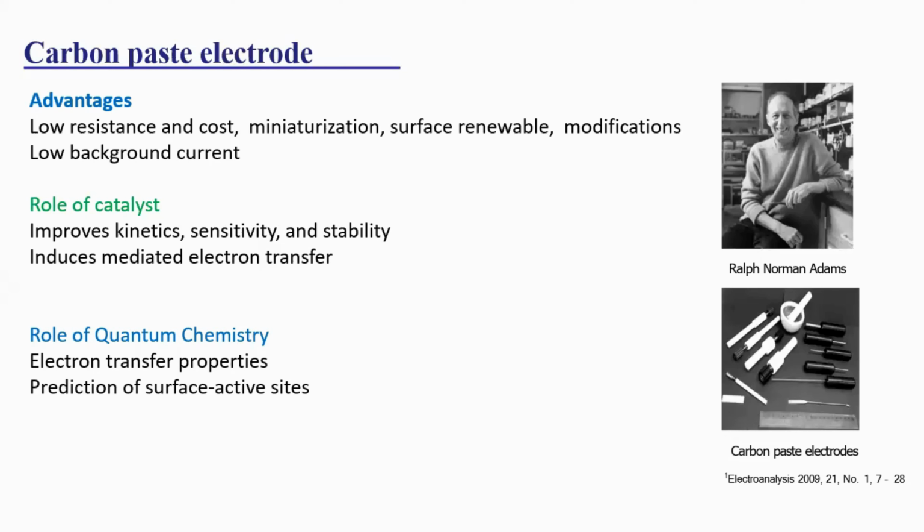So why is the carbon paste electrode very common? Because it has comparatively low resistance and it is very cost effective.